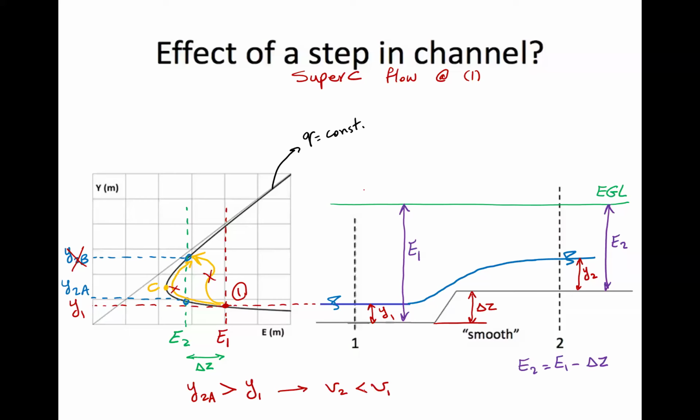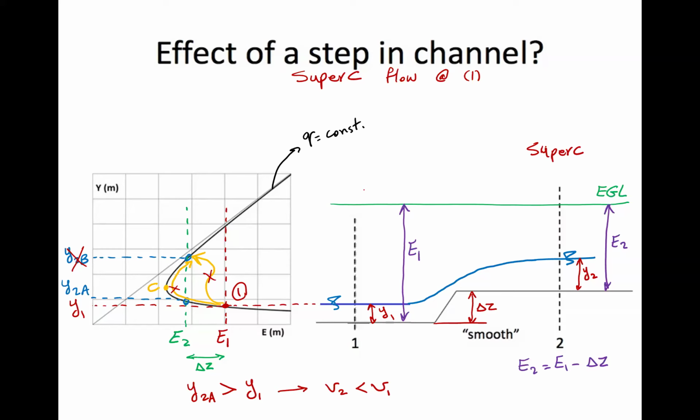So depth goes up, velocity goes down. But at section 2, flow is still supercritical flow. How do I know? If you notice on the EY graph, point 2A is also on the lower branch of the EY graph. Lower branch is supercritical. So the flow regime did not change.